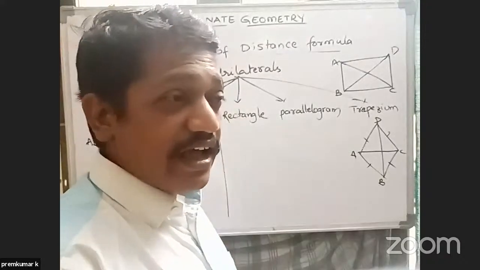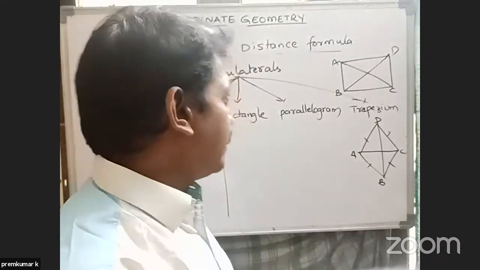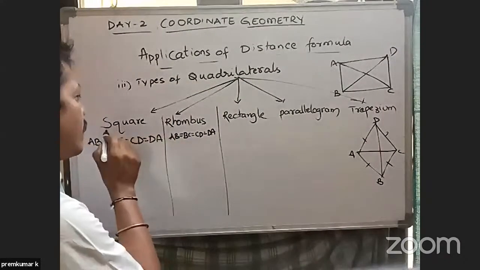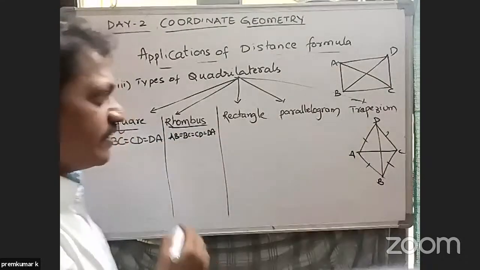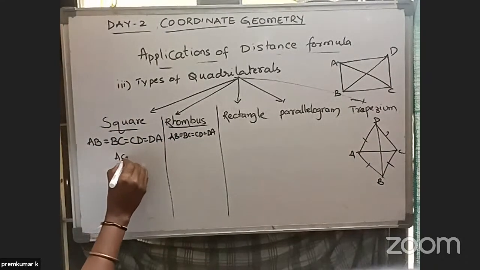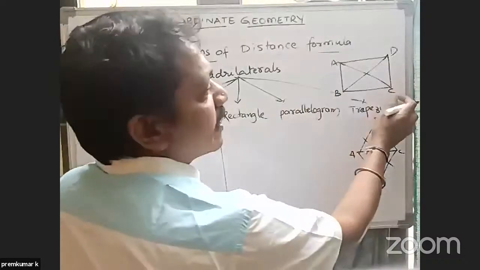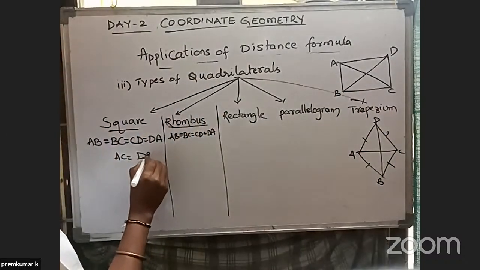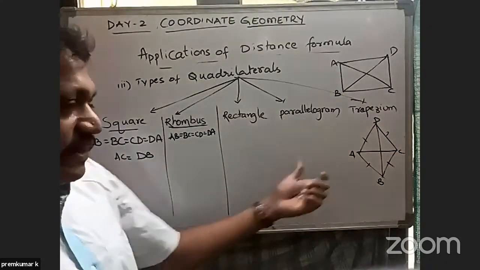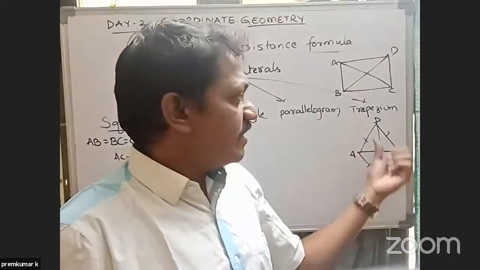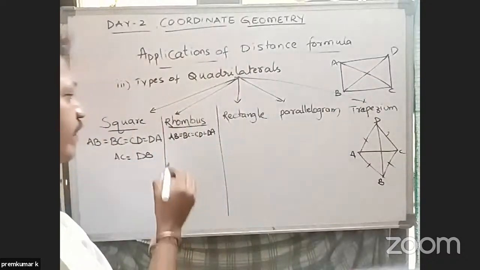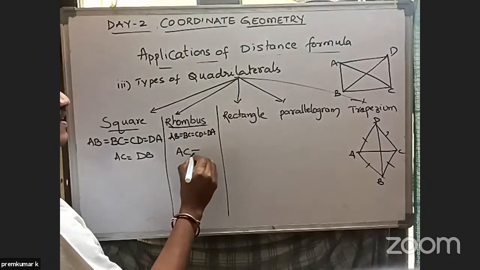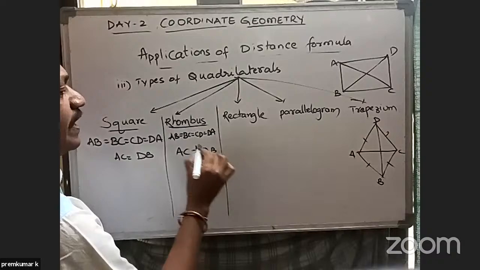So that is the differentiation between the properties of a square and a rhombus. Here AC, the length of the diagonal, and DB, these two are equal. In this case, AC is not equal to DB.